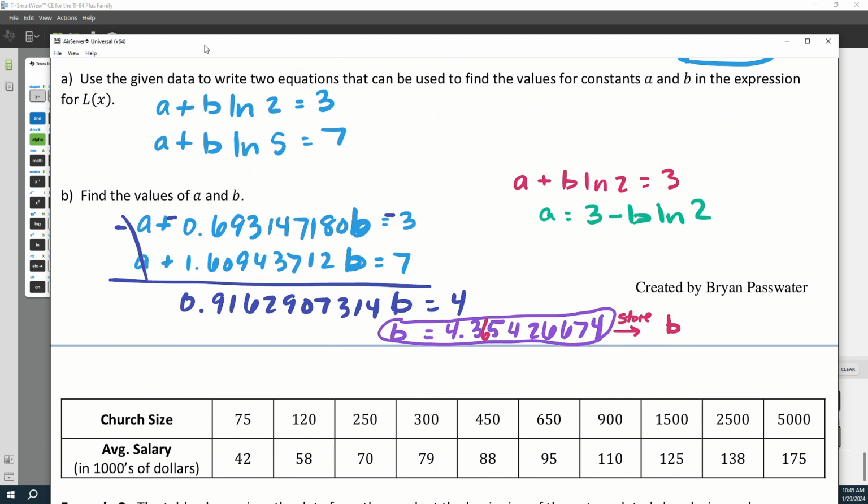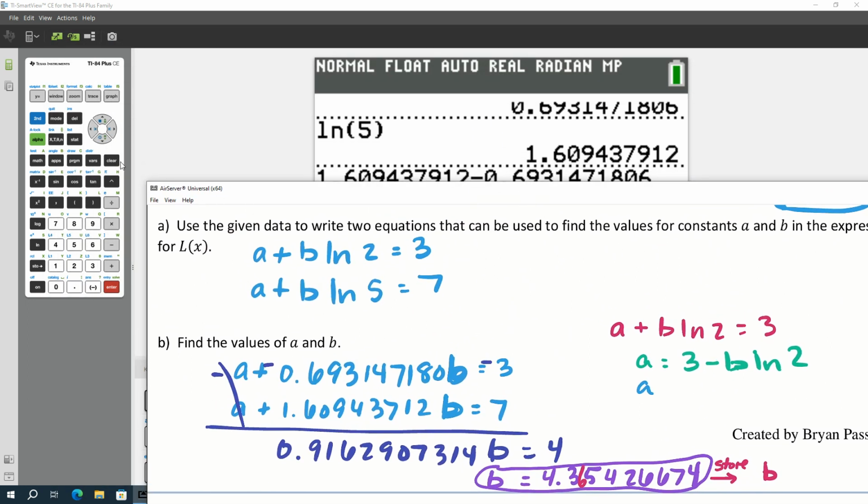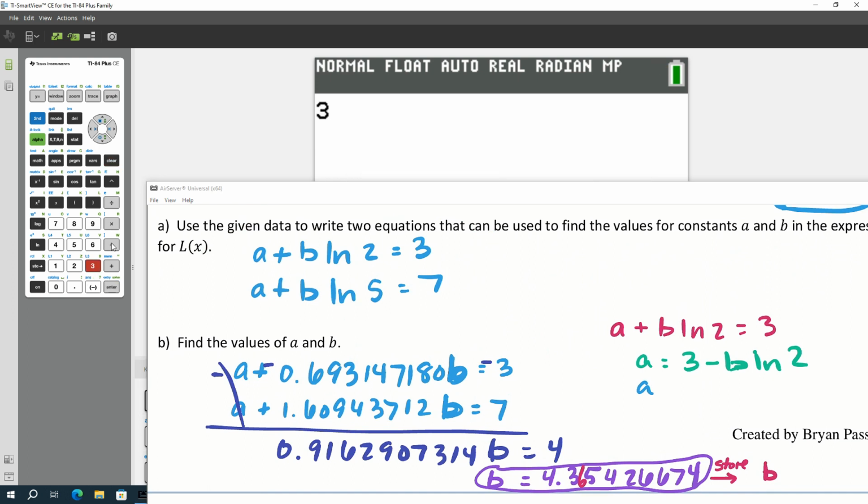Now I just told my calculator that B is this decimal, so I technically can just type that in exactly like it looks. So 3 minus B natural log of 2. And that should be what A is.